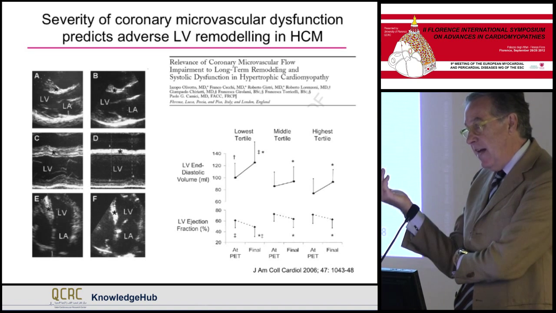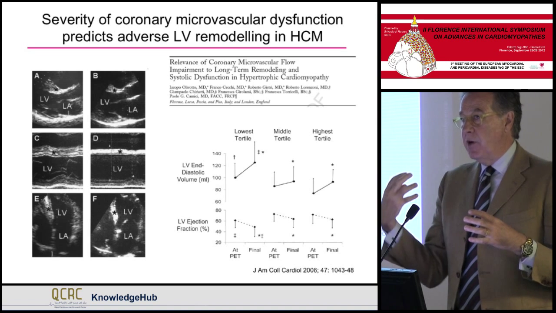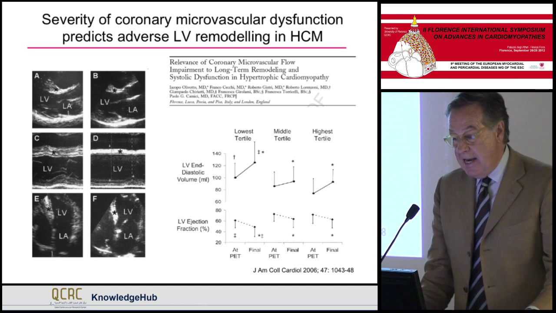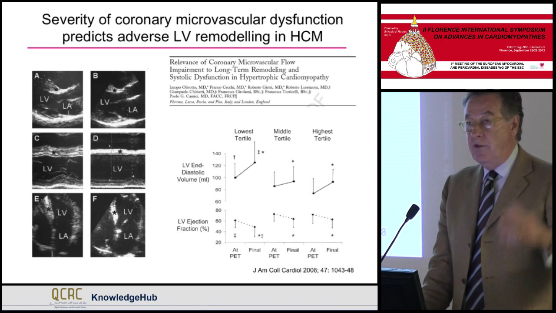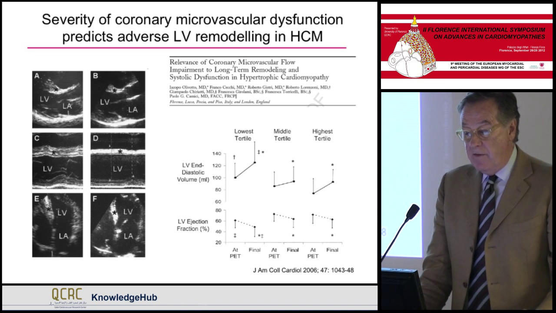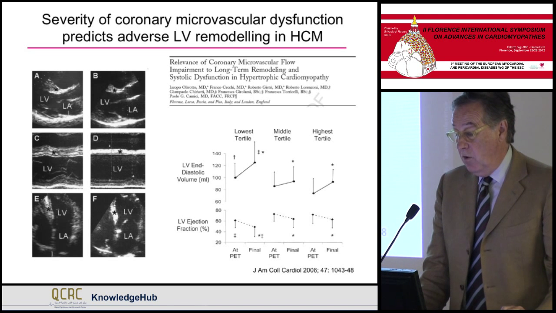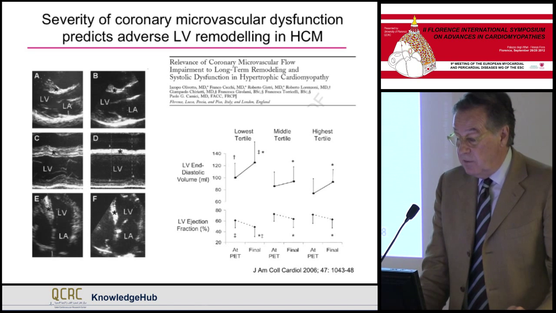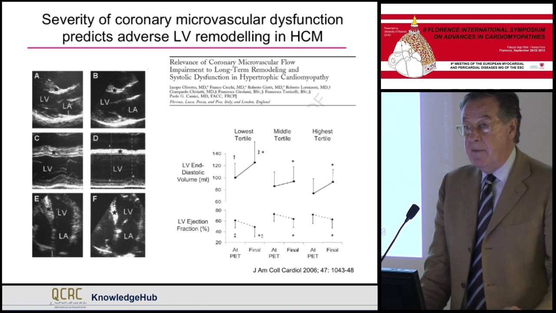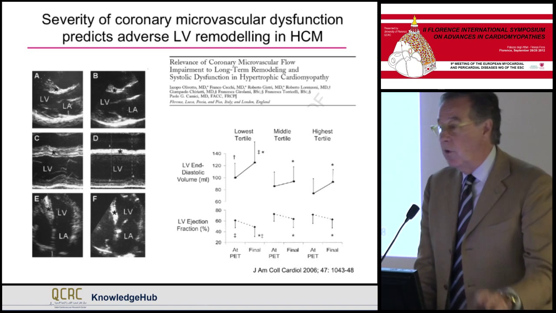Then we had the chance to look at whether this microvascular dysfunction had prognostic implications. We took a series of about 50 patients and divided them into tertiles according to the severity of flow impairment. The patients in the lowest tertile of blood flow, those who had the least increase in myocardial blood flow, were the ones more likely to progress towards end stage.